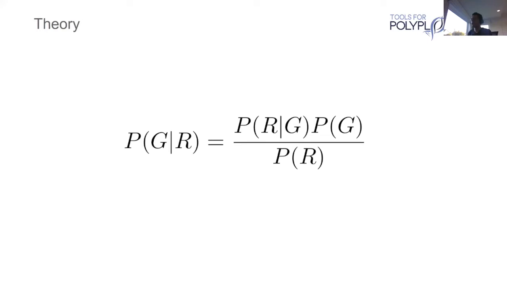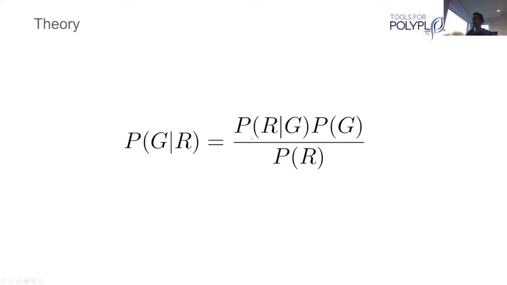So the tool itself is a Bayesian assembler, so it's based on Bayes' theorem, which I've shown here. The important thing to take away from this equation is that what we want to find out is the thing on the left, which is the probability of a genotype given a set of observed reads. And what Bayes' theorem tells us is that this is proportional to the numerator on the right. The first symbol here is the likelihood function, which is pretty much the inverse of the posterior probability function over here.